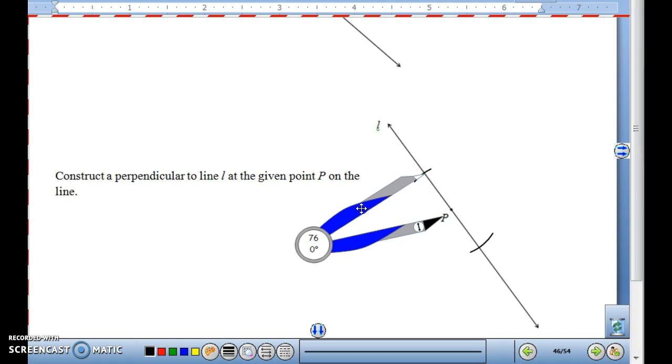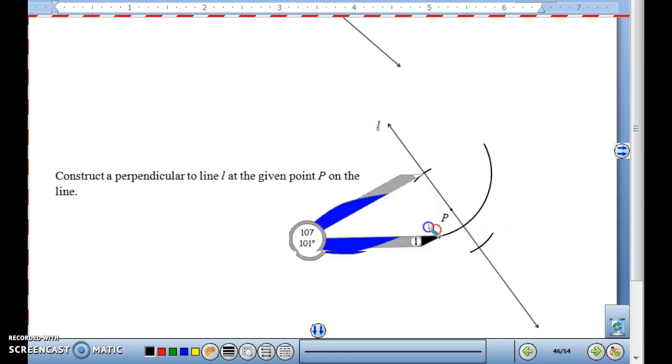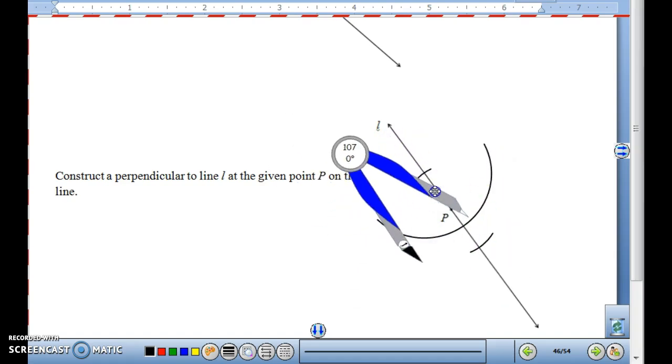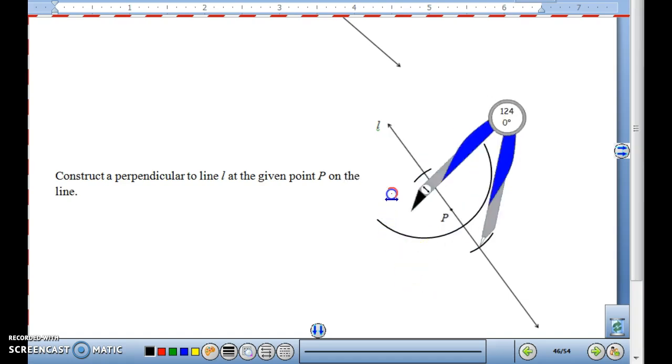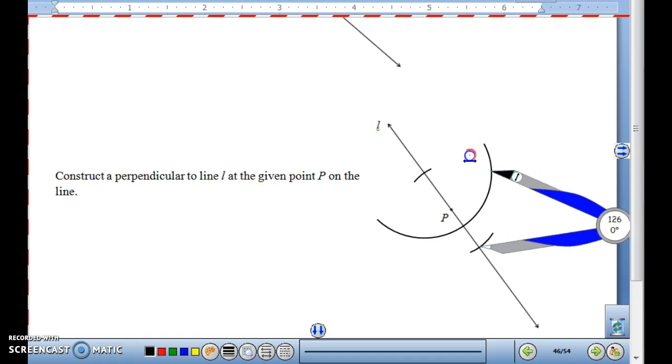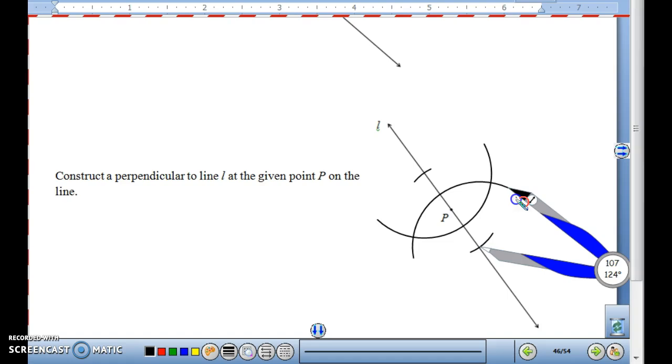So I can do my football, put the point of the compass here, open more than halfway, swing your arc, flip it over, do the same thing on the other side without changing the width. Don't change the width, just make sure it's more than halfway the same distance.